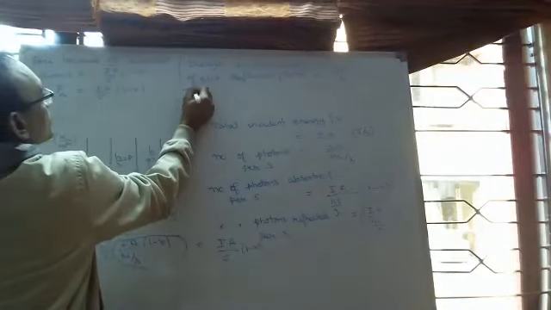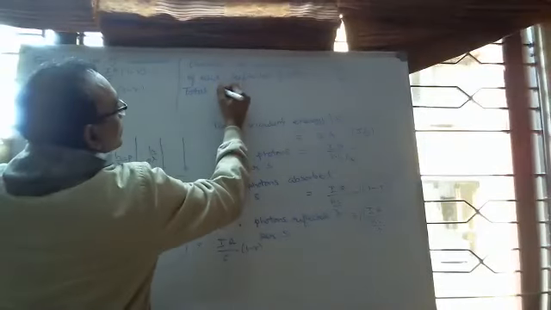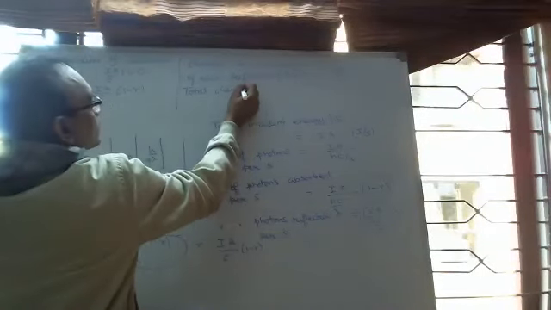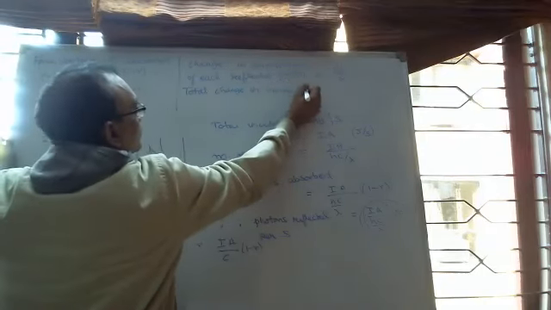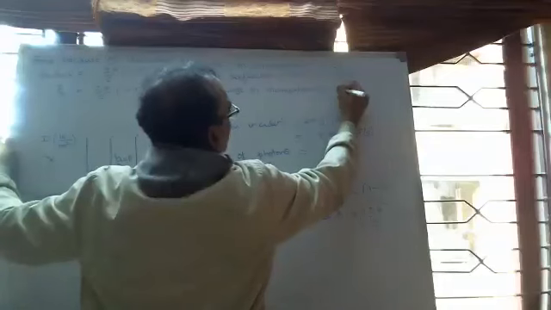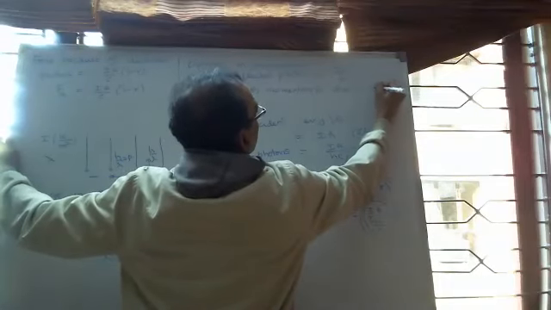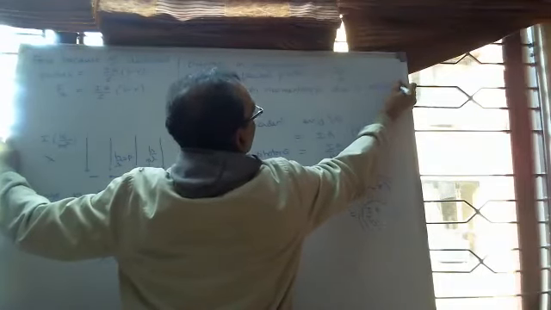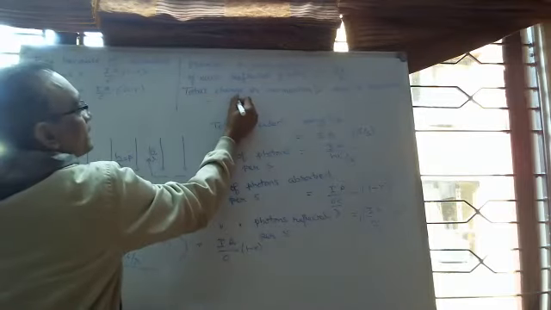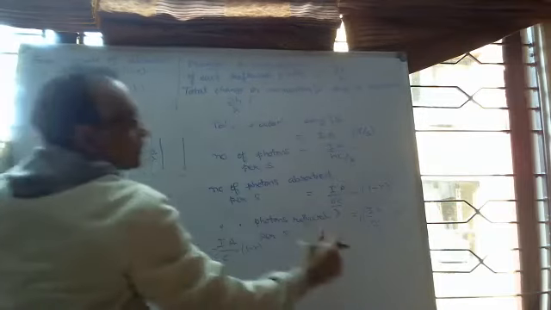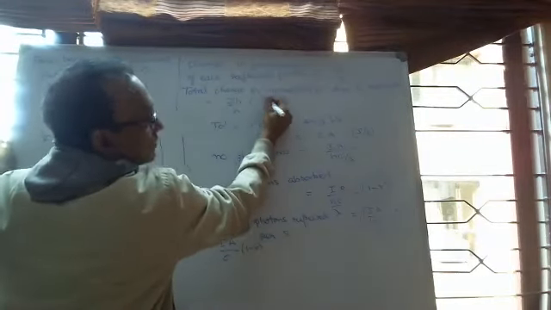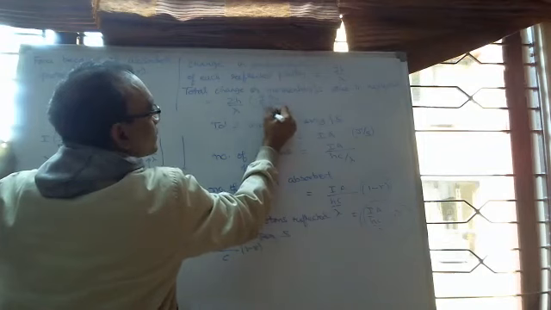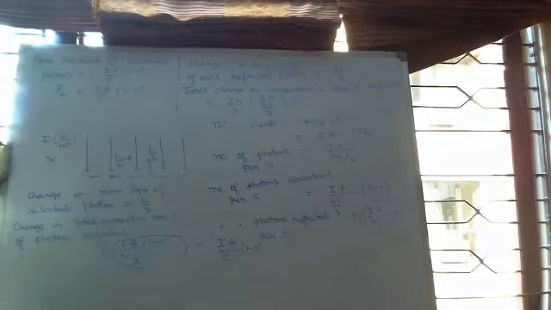So total change in linear momentum per second due to reflection is एक रिफ्लेक्टेड फोटोन का इतना है, पर सेकंड इतना फोटॉन्स रिफ्लेक्ट हो रहा है, IA by HC by lambda into R. Yes or no?